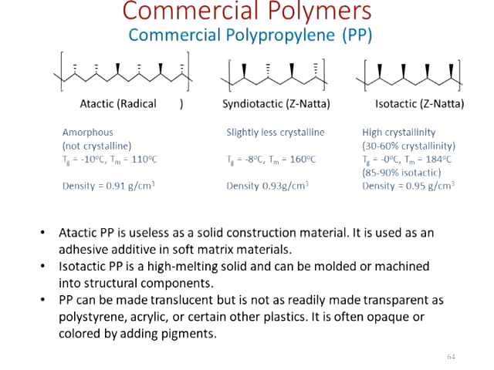Then you have the mid-range with some crystallinity, the syndiotactic, because there's more order in it, which means the polymer chains will have more intimacy. Therefore, note the Tg is down to minus 8 degrees C now, and the melting is a lot higher, 160 degrees, as opposed to the melting for the atactic at 110.